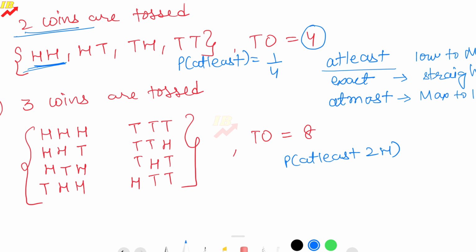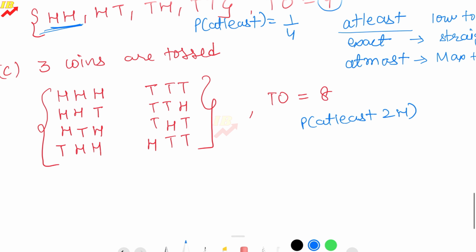And if 3 coins are tossed together, and I'm taking the same question, the probability of at least 2 heads, then let's check the 2 heads, these, right? So this is about 2 heads, right? When we say at least 2 heads, I said go till maximum. So this is the lowest one here. 2 head is the lowest part. So we'll go till the maximum value of head.